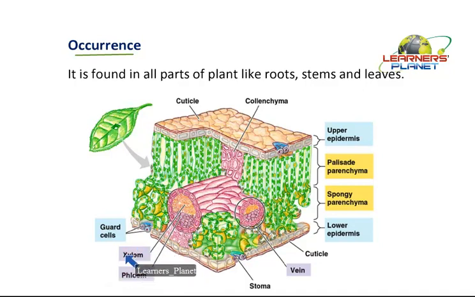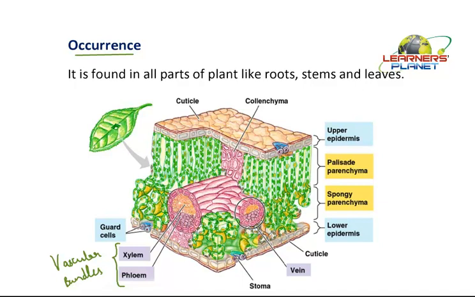Now these xylem and phloem tissues are arranged together inside these structures, in a conical form, and thus together they are known as vascular bundles. So this is how these are present inside the cells. So this is the location.